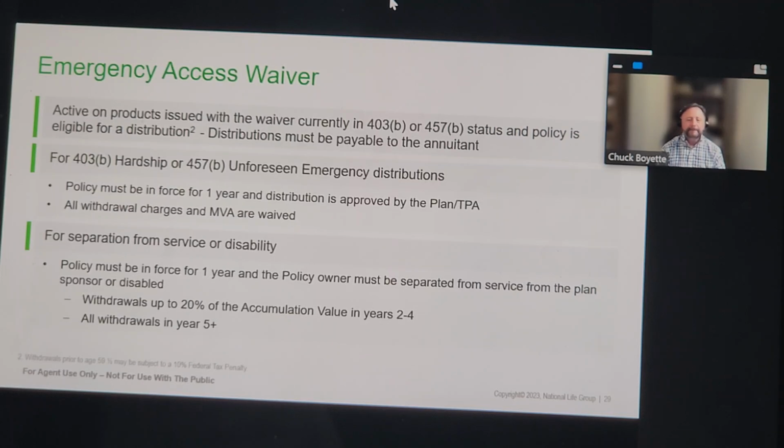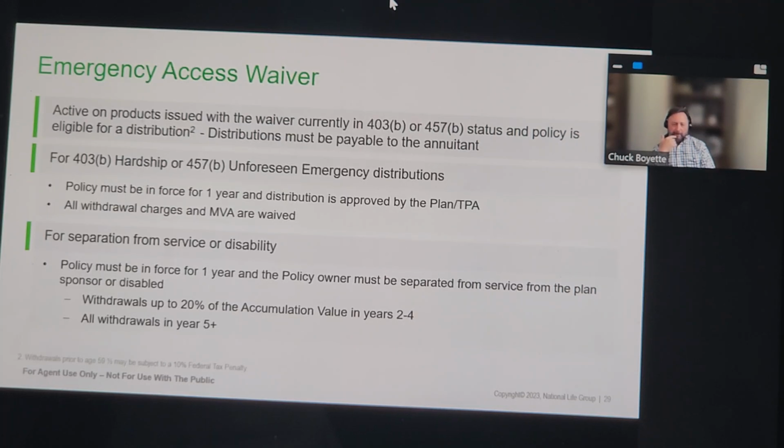457. If they separate from service or have a disability, again, the policy must be enforced for a year, and the policy owner must be separated from service from the plan sponsor, or they can be disabled. And then we allow up to 20% of the accumulation value to be taken out in years 2 through 4 with no penalty.